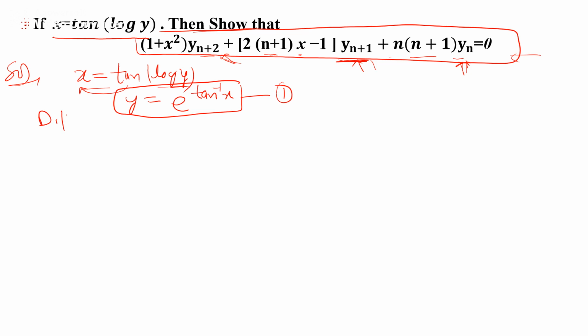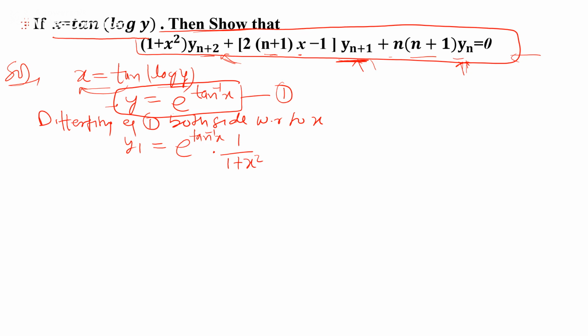Now differentiating equation 1 both sides with respect to x, what do we get? We write the derivative of y as y1, equal to e power tan inverse x into the derivative of tan inverse x, which is 1 upon 1 plus x square.